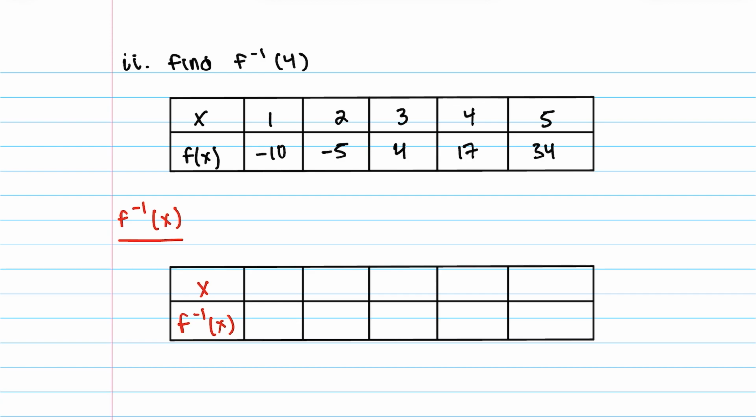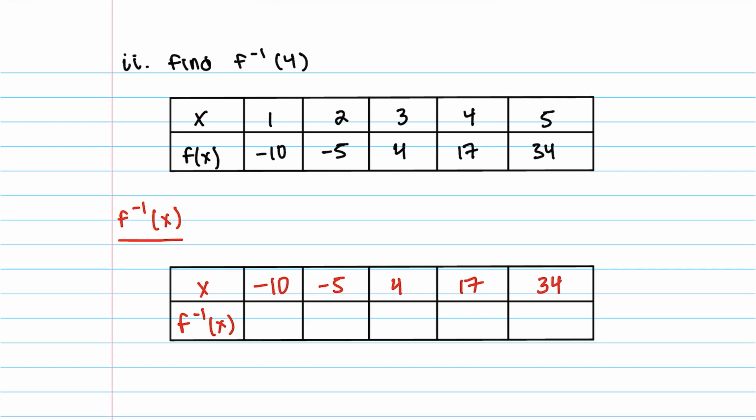And so those output values for our f of x equation are going to become our input values for this inverse f of x function. And so for this inverse f of x function, our input is going to be negative 10, negative 5, 4, 17, and 34. Now, let's look at our input from our original f of x function.